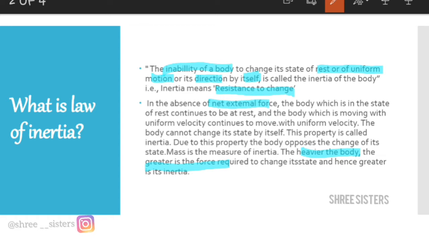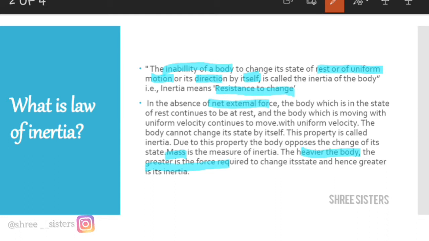How will we measure inertia? This is all fine, but how will we measure it? Mass is the measure of inertia. The heavier the object, the tougher it will be to move it or to keep it at rest. A ball is light. If it's a very big rock rolling from the mountain, it will be very tough to stop it, right?